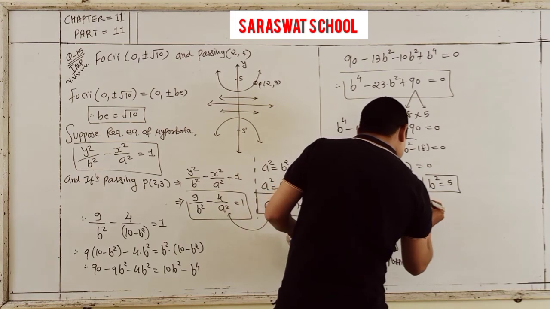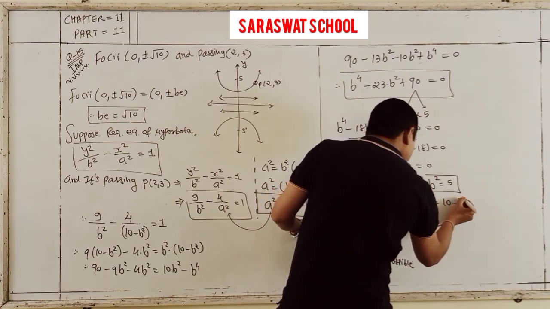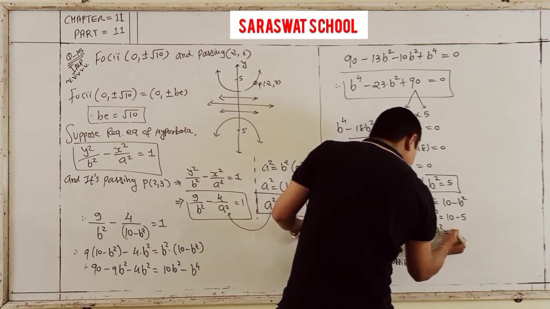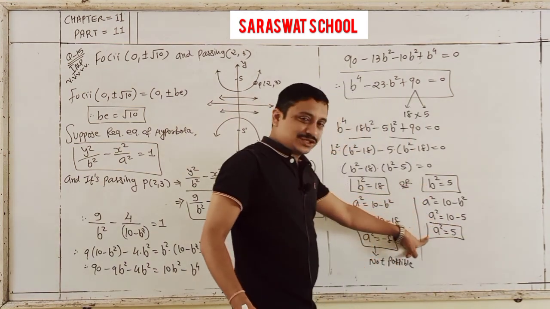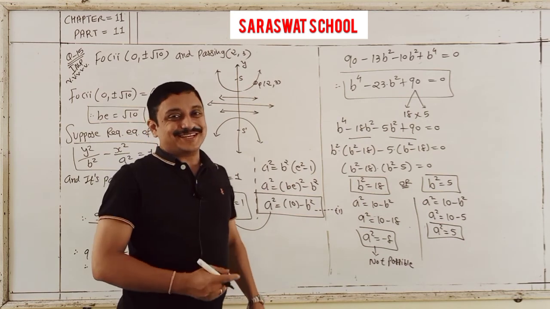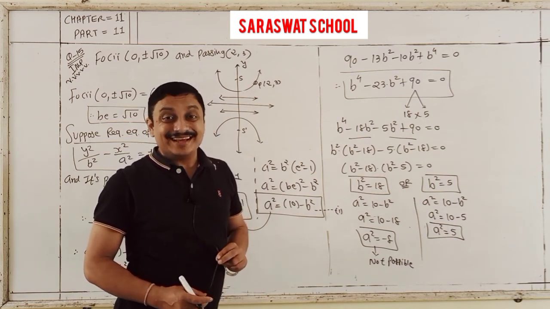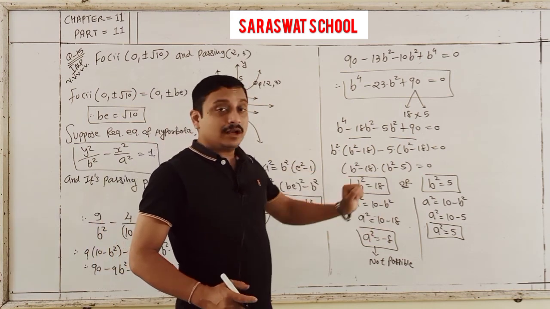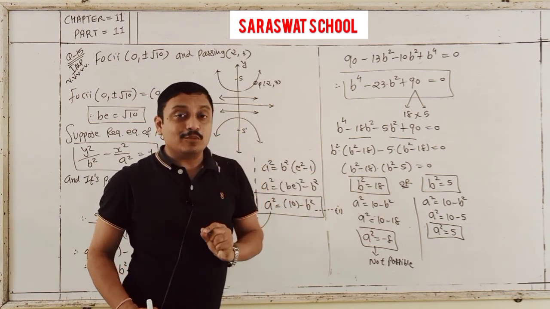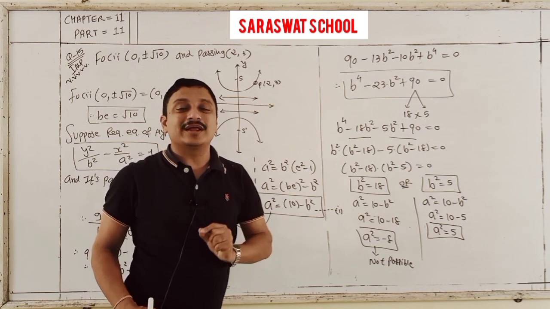Our possibility is a square equals 10 minus b square, which is 10 minus 5, that is 5. Students, here a square and b square are both the same. Whenever both are the same, it is called a rectangular hyperbola. Again I repeat, whenever the a and b values are the same in the hyperbola, it is called a rectangular hyperbola.